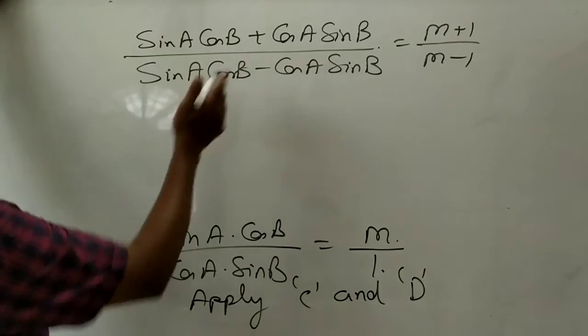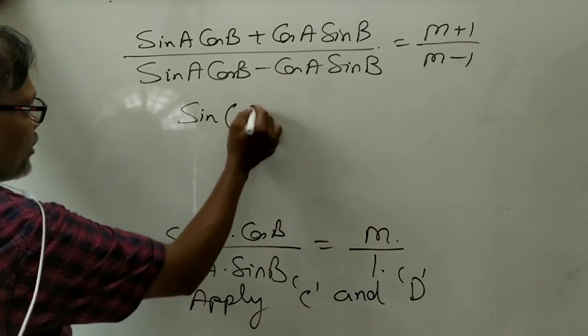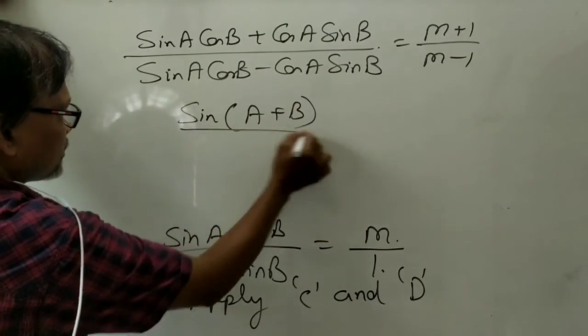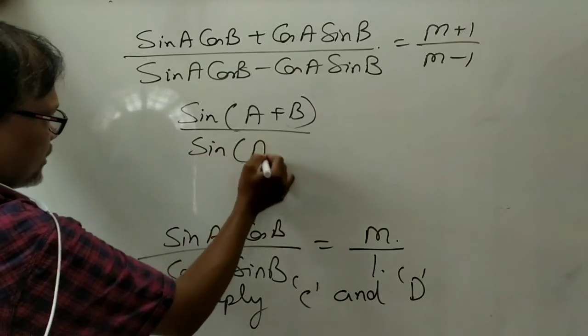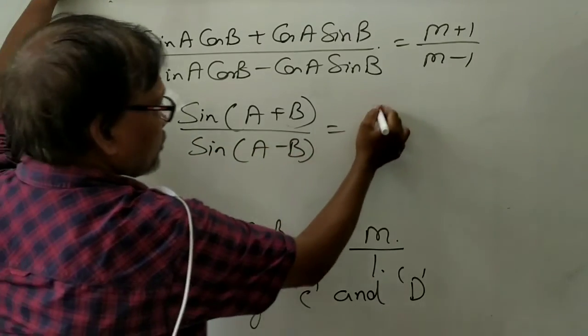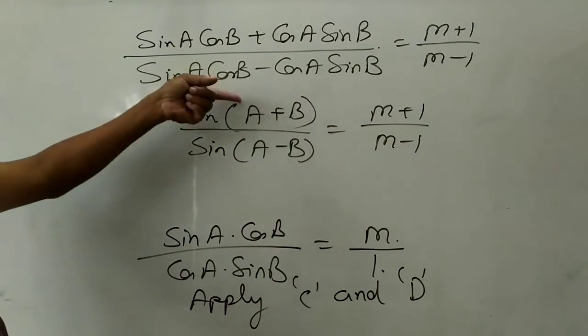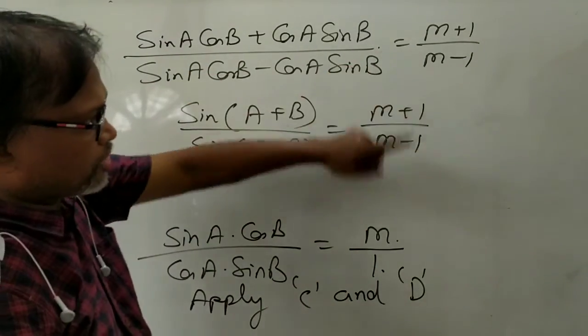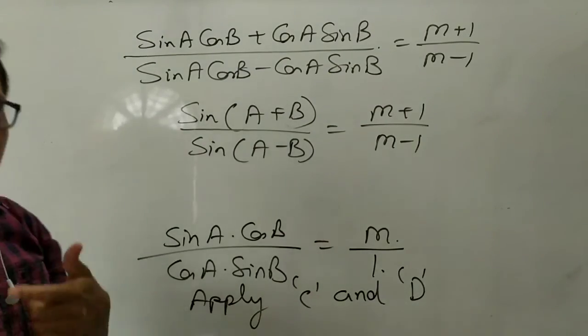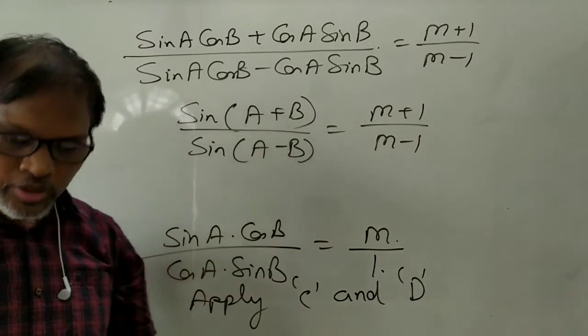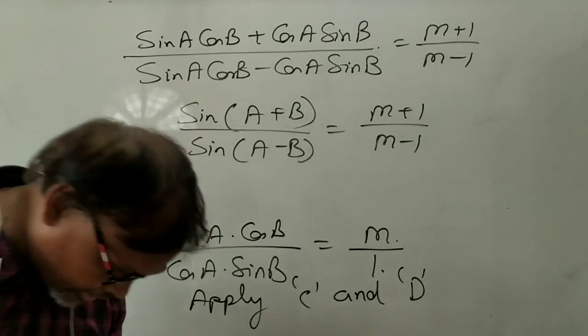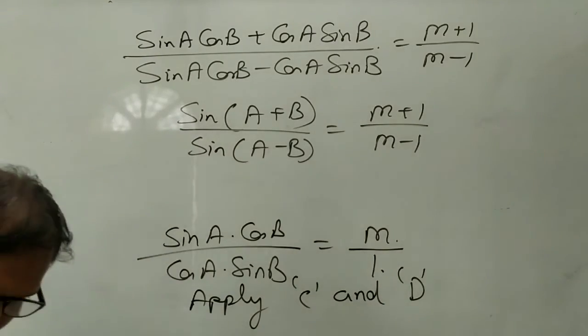As I just told, this is the formula of sin A plus B, and this is the formula of sin A minus B. This is equal to m plus 1 upon m minus 1. Since we are asking sin A minus B upon sin A plus B, take invertendo or the reciprocal, and you will get your answer. So this is the way to find the value.